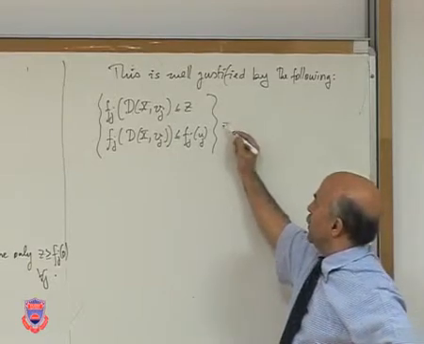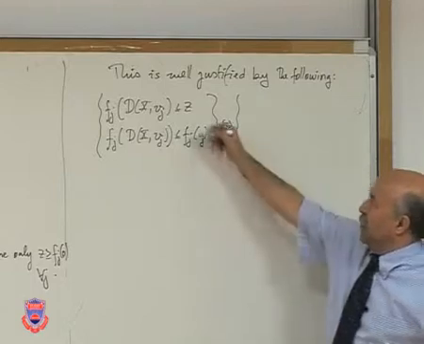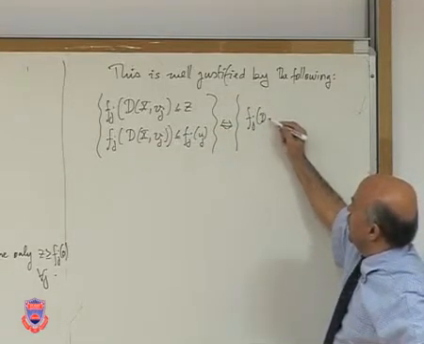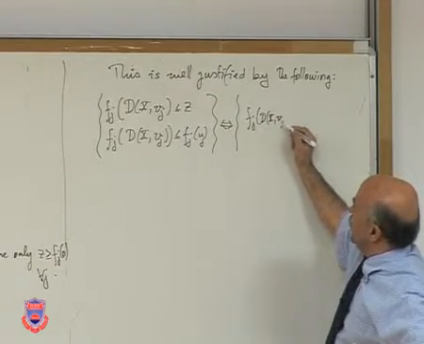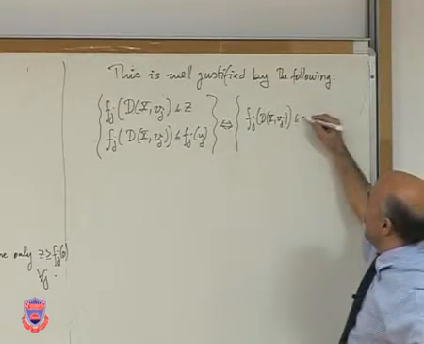Now that is equivalent to, as a pair, fj of dx vj being less or equal the smaller of these upper bounds.